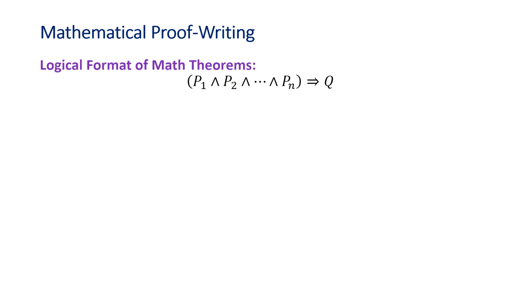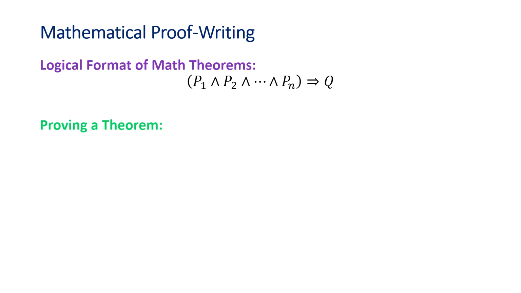You've got some condition P1, some simple statement, some condition P2, so it's P1 and P2 and P3 and all of these other preliminary conditions that you have to have ahead of time. Then you've got an implication, and according to the mathematical theorem, if you have all of this starting point, however many things you have in your starting point, you will get to some conclusion, that Q right there.